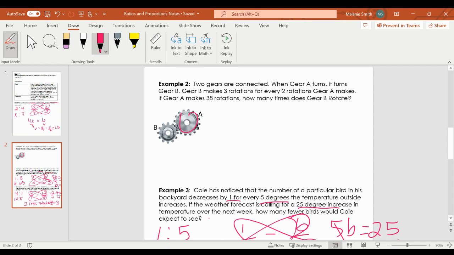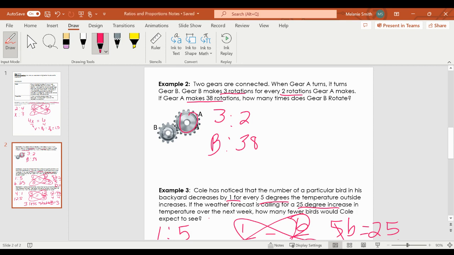If gear A makes 38 rotations, how many times does gear B rotate? So I'm going to say gear B makes 3 rotations for every 2 rotations gear A makes. So I'm going to set up that ratio, 3 to 2. If gear A makes 38 rotations, how many times will gear B rotate?